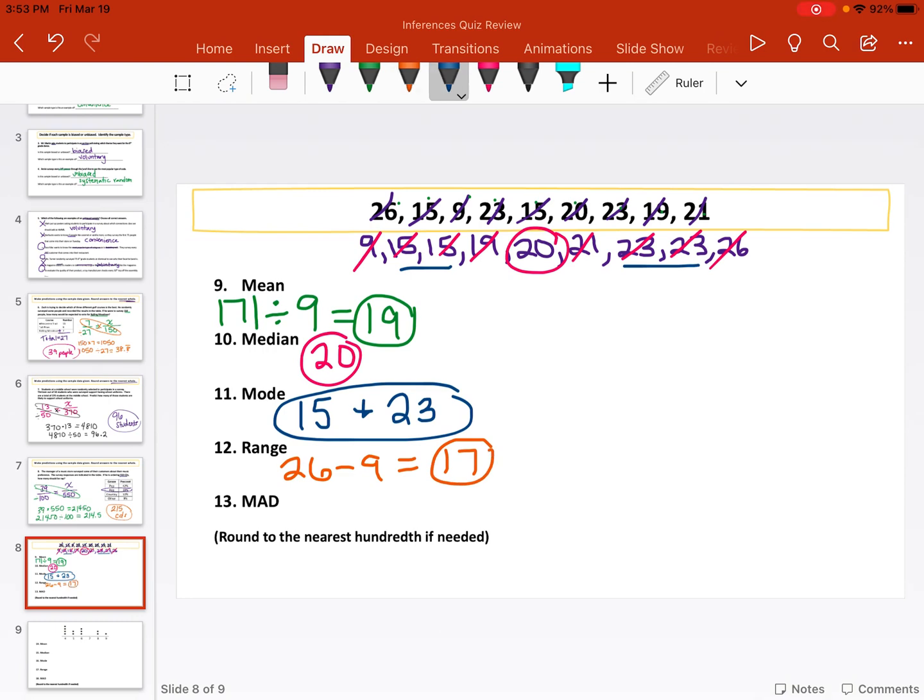And finally our MAD. So we already found our mean was 19. Remember when you find MAD, you find the mean, then you find the distance from each number to the mean, and then you find the mean of those new numbers.